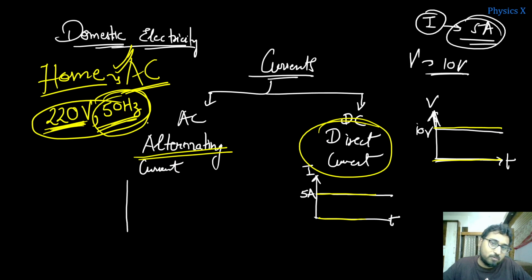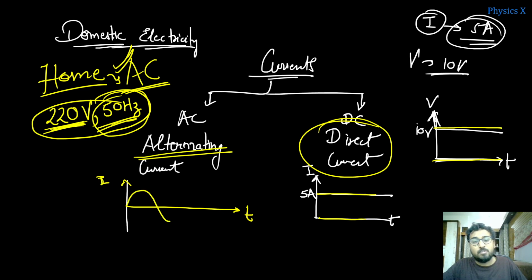This is the frequency we use in our country, and 50 hertz is universal throughout the country, the same standard every year. Whenever there is a term of frequency, it means something is changing with respect to time. That is why when you plot the current with time, generally it is a sine wave, and at any time you see the current is changing like this.